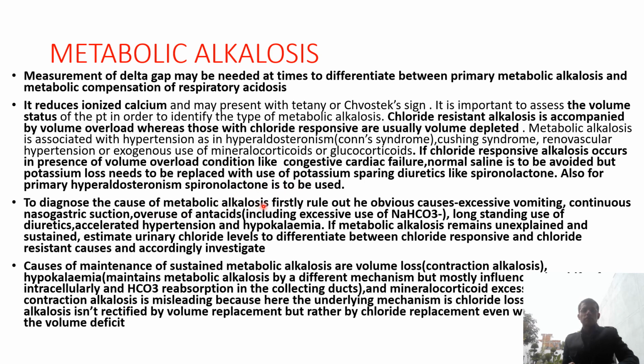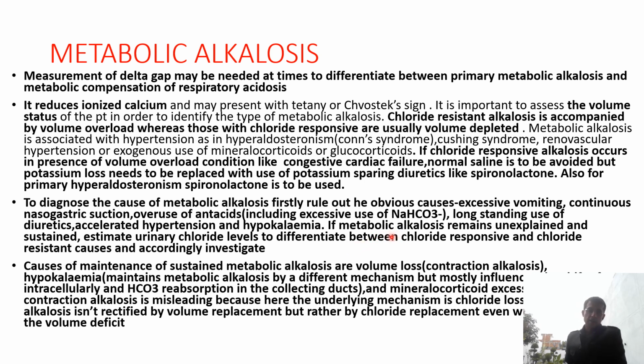To diagnose the cause of metabolic alkalosis, firstly, if there is a metabolic alkalosis coming in the ABGs, you have to first rule out the common causes. What are the common causes of metabolic alkalosis? Vomiting, continuous Ryles tube aspirations, use of antacids, including excessive use of soda bicarb, long standing use of diuretics, accelerated hypertension, hypokalemia.